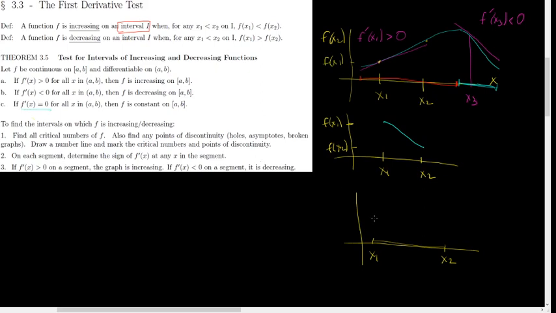And what that means is that it's flat, it's horizontal. So when f of x1 equals f of x2, we say that the function is constant. In other words, when the derivative is 0 everywhere, it's going to be a constant function.